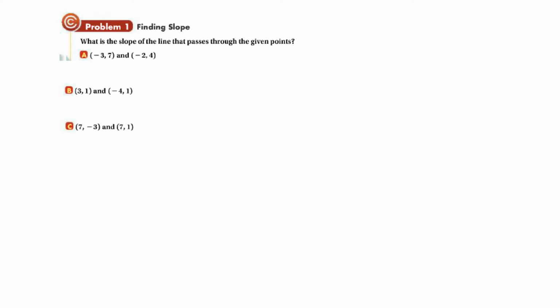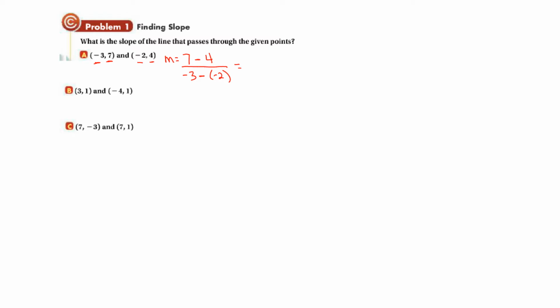So that means my slope, which is m, I can figure out by taking the y value of the first point, 7, and subtracting the y value of the second point, 4. That's my vertical change. And I put it over my horizontal change: my x value of my first point, -3, minus my x value in my second point, -2.